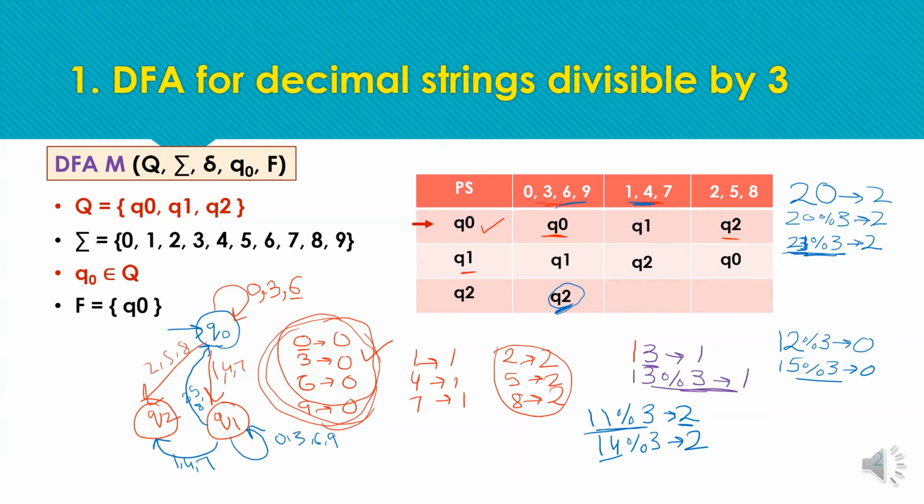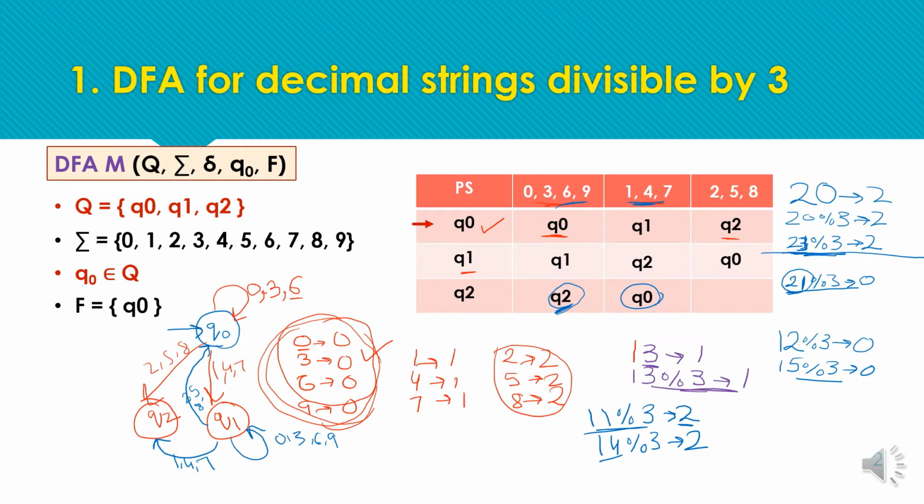Next, on Q2, we are having already a remainder as 2. On getting the next set, we are having 21, and 21 modulus 3 is 0. As 21 is completely divisible by 3, we need to move to the state Q0 for this set.